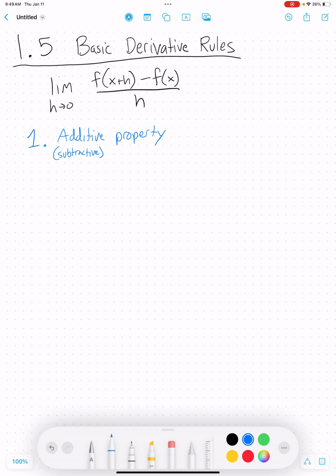If you're taking the derivative of these, this is new notation. d over dx means you're taking the derivative. You're finding how this is changing as x changes in an infinitely small way. Okay, so this represents taking a derivative.